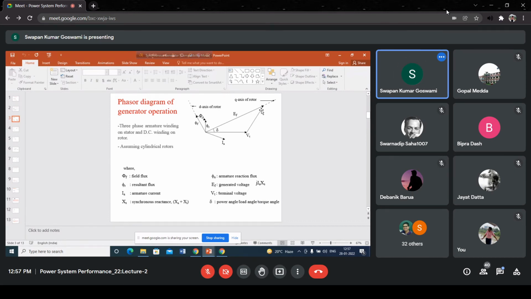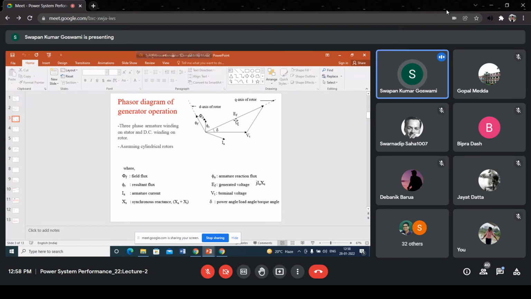Because change in speed means with respect to Vt, position of EF will change, because Vt always rotates at synchronous speed, and EF, since it is rotating with the rotor, its position will vary along with the variation of speed of the rotor.